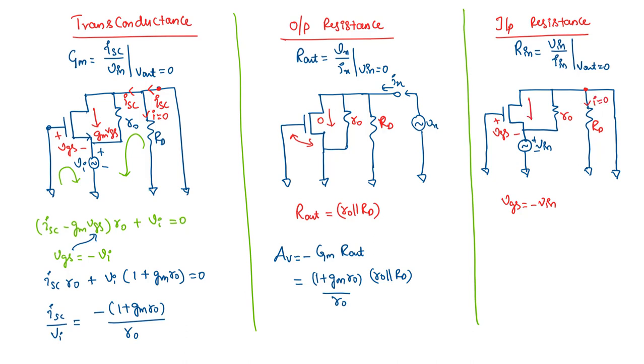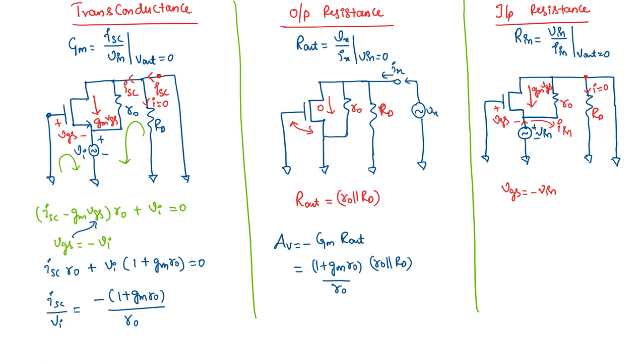And we have a current flowing here which is GMVGS, and let's take this is the current that is flowing through, which is Iin. We can say the amount of current flowing through R0 will be equal to GMVGS plus Iin. So hence the voltage across R0, if you take the KVL here, we get minus Vin plus voltage across R0 is equal to 0.